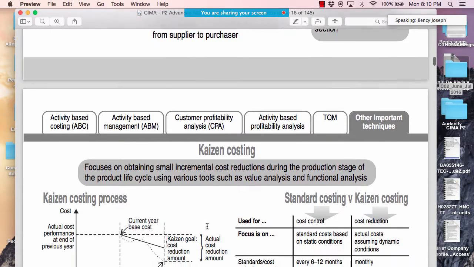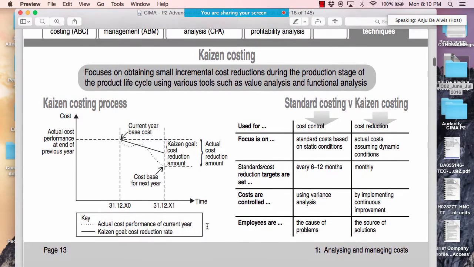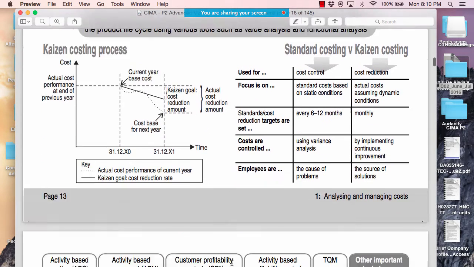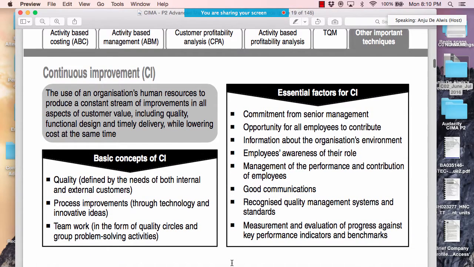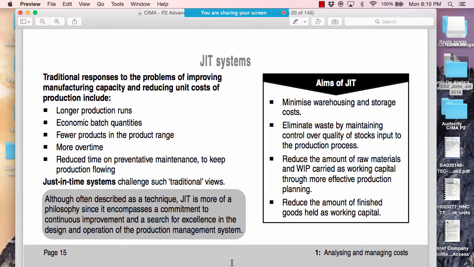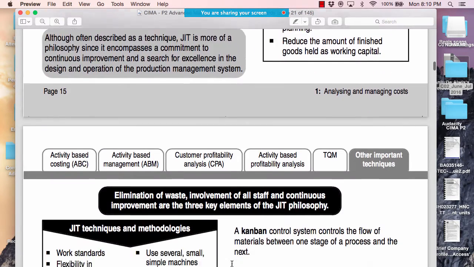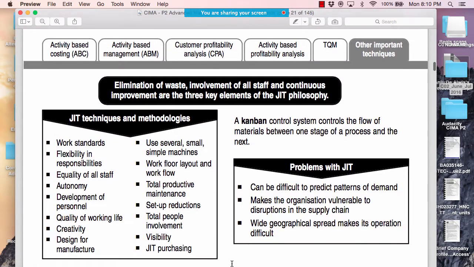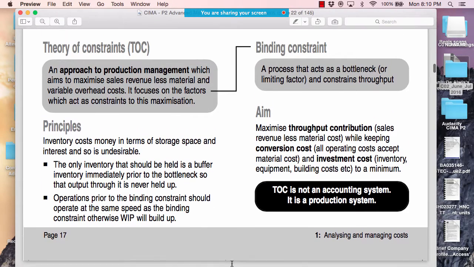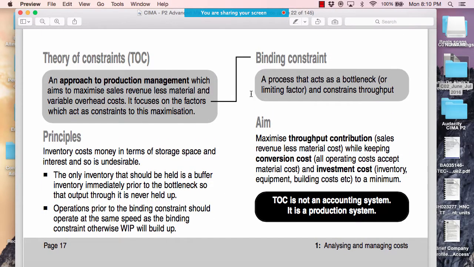And Kaizen costing, there you go. And continuous improvement, we looked at JIT, and theory of constraints, you had that, right?